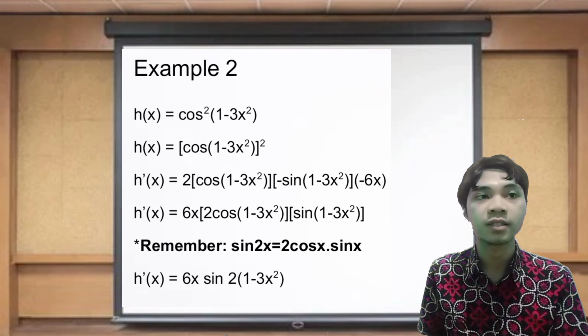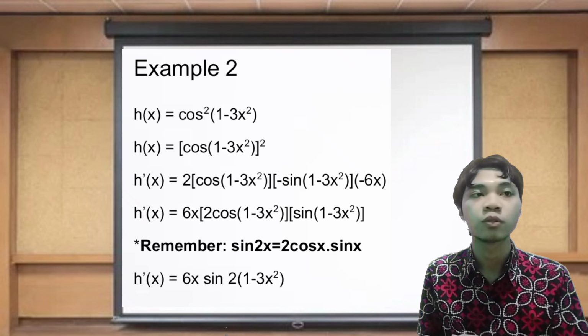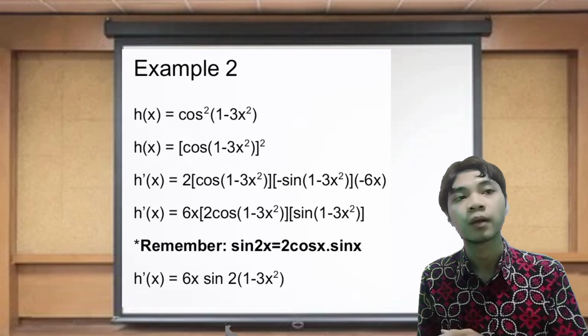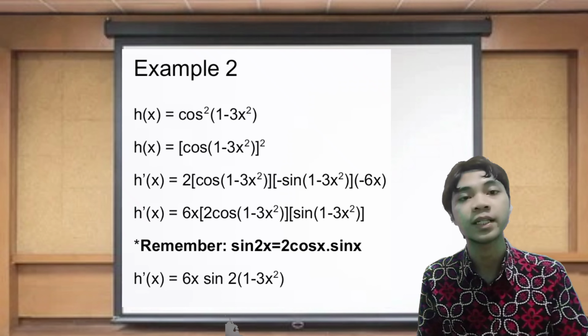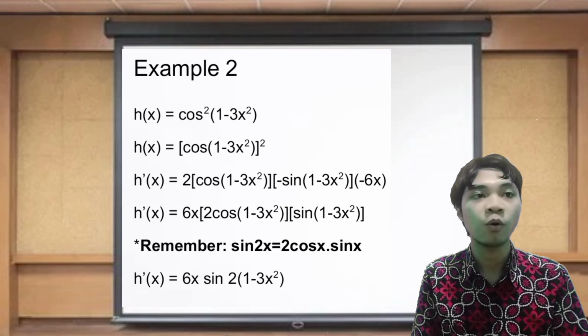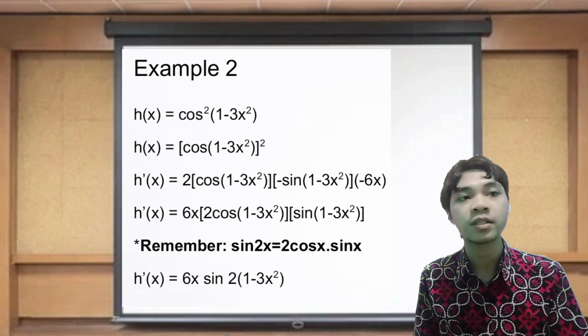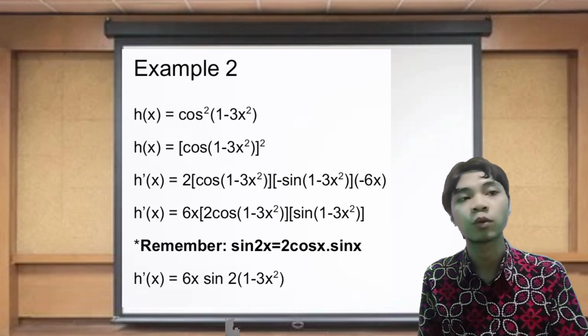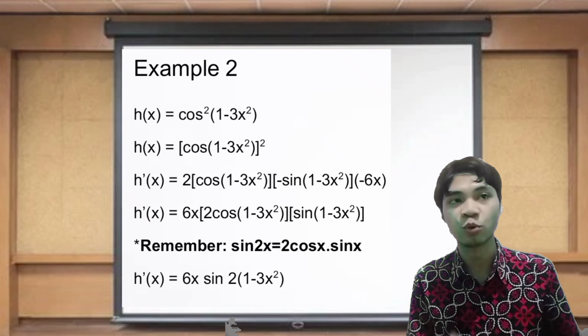In this case, x is 1 minus 3x squared. So we get 6x times sin 2(1 minus 3x squared).